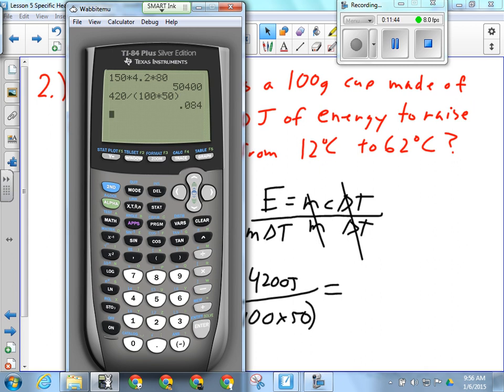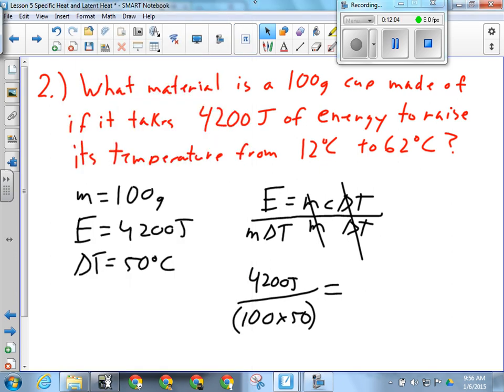All right, so 0.084 is the specific heat capacity that we're given there. And I missed a 0 again, didn't I? Yeah, so it should be 0.84, which, for this stuff, I think it's copper, right? No, it's glass. So this material is made out of glass.